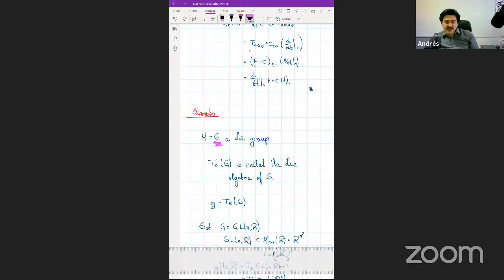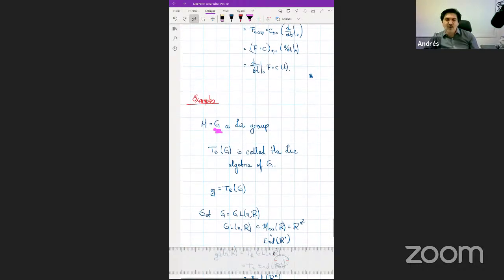It is convenient, especially in Lie group theory, that the space of n by n matrices is called the endomorphisms of Rn, linear maps from Rn to Rn, singular or non-singular. So this is the endomorphisms.